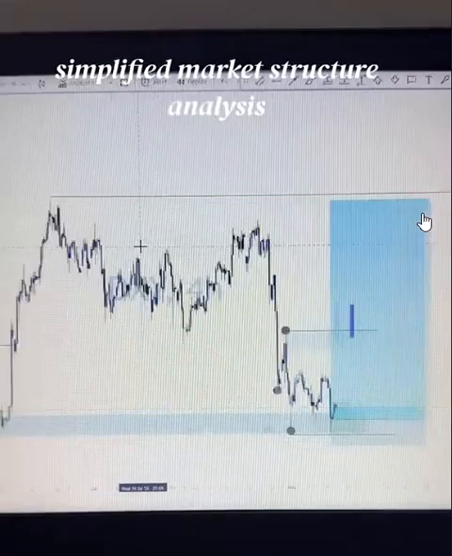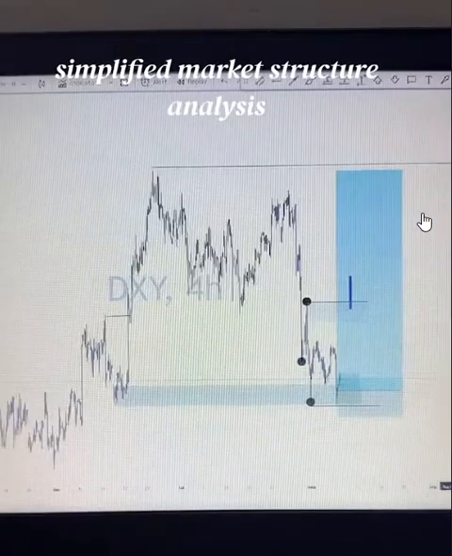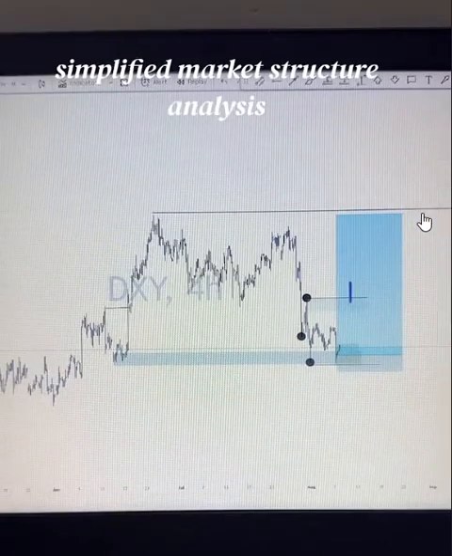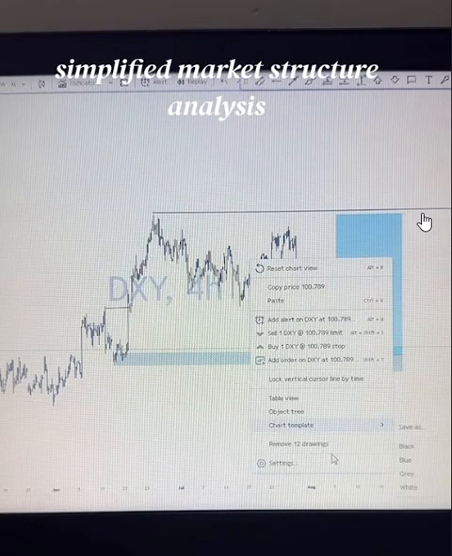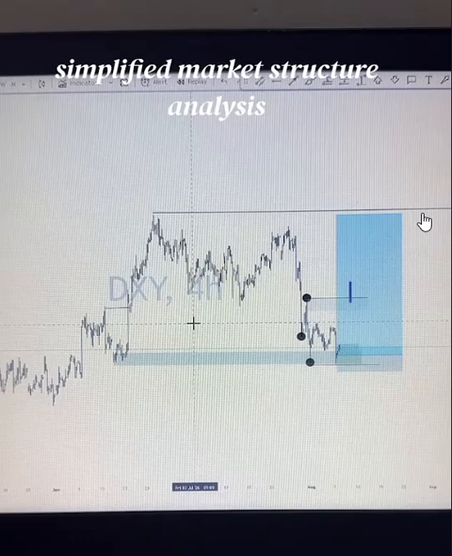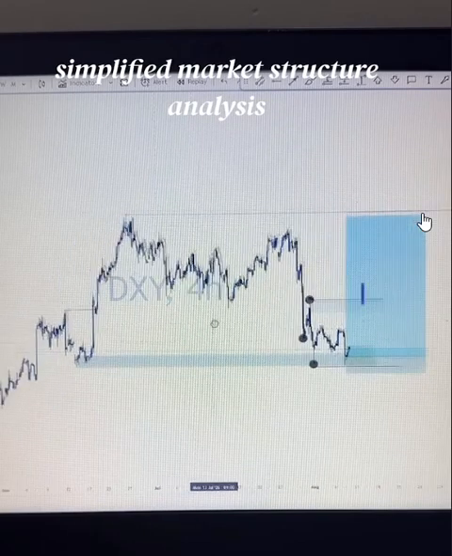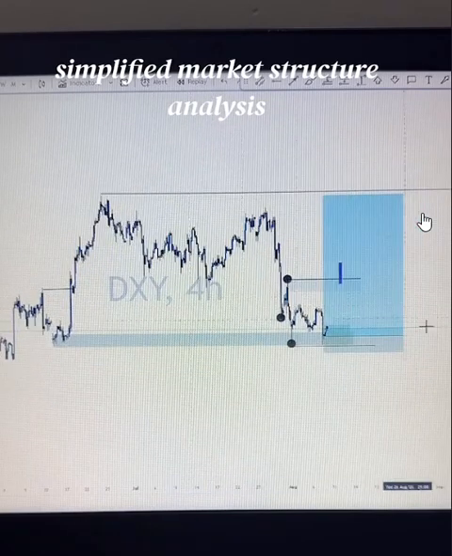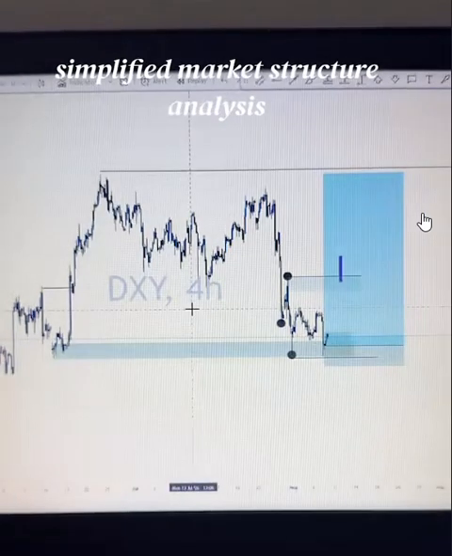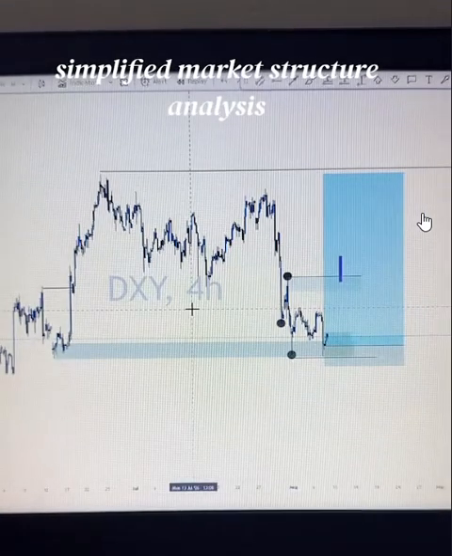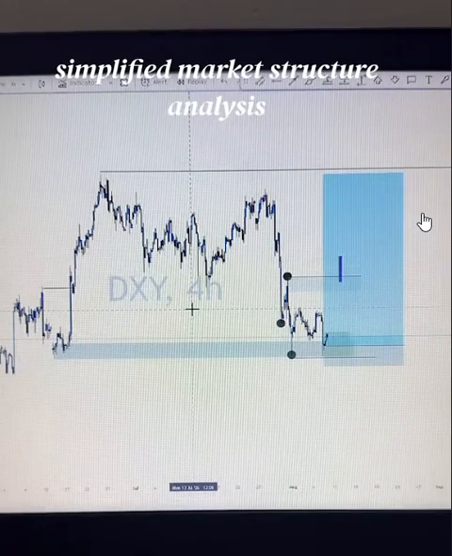All right, so let's analyze the DXY so that we too can see what is happening here. First thing first, what do we do first if we want to analyze the DXY? Because if the DXY tells us buy from here, it's a sign that EURUSD is going to sell.